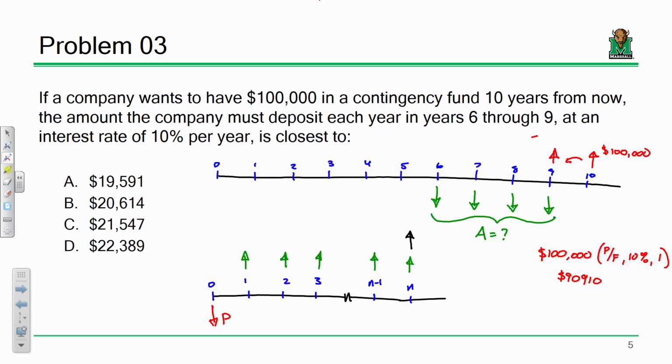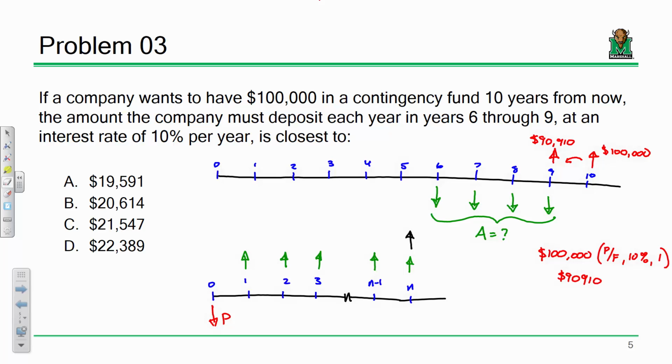If I put $90,910 into an account, wait 1 year, I'll get 100,000. Is everybody okay with that? What is 10% of that number? 9091. What is that plus 90,910? Should be pretty close to 100,000. Everybody okay with that?